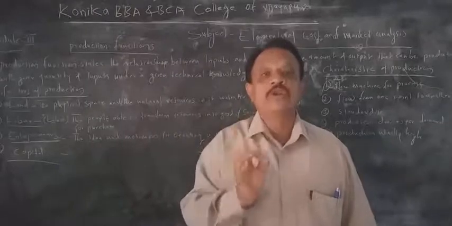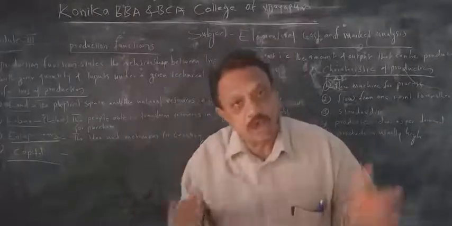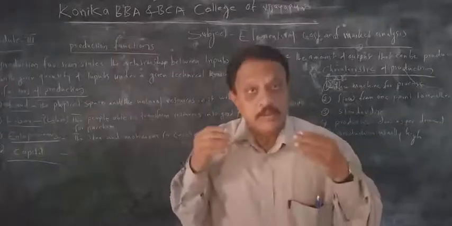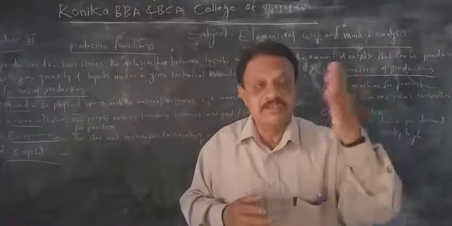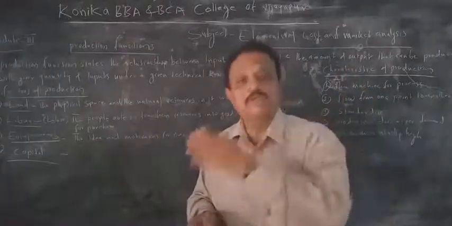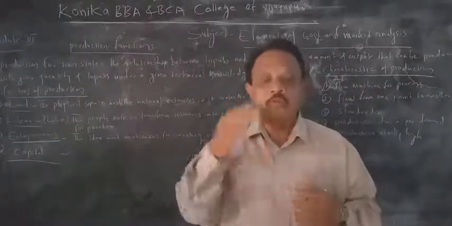Finance is the most important. Without finance, you can't purchase the raw material. You can't hire the labors because we have to pay salaries, wages and all this. That is why we need capital to process our production.